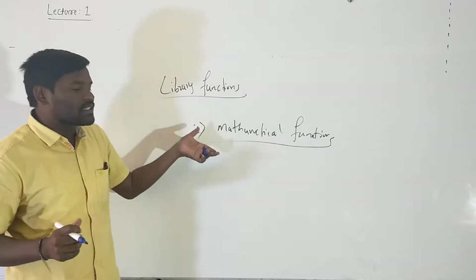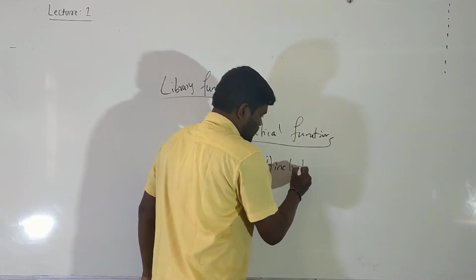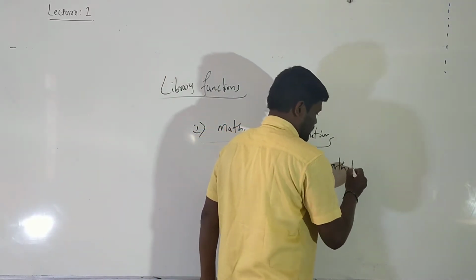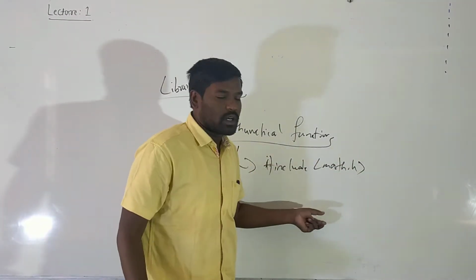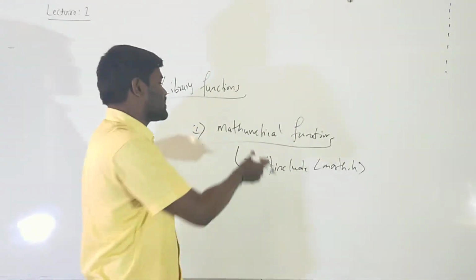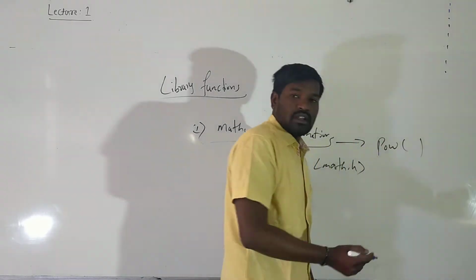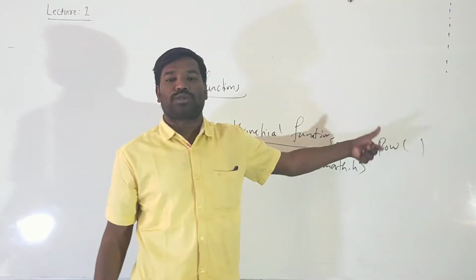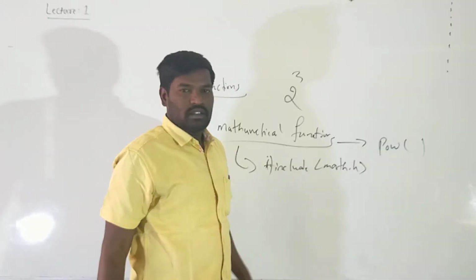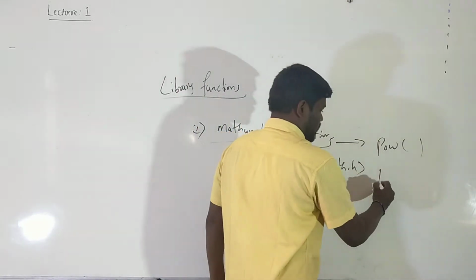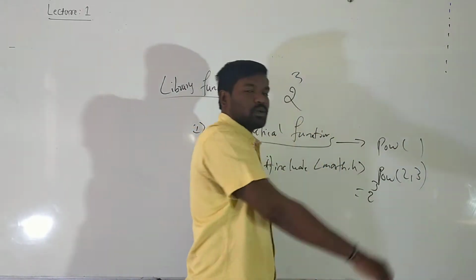If you want to use the mathematical functions, we must include math.h. If you write include math.h, you have all rights to access the mathematical functions. The functions are pow. Here the pow function is used to raise values to a power. For example, if you want to perform 2 to the power of 3, we can use pow(2, 3), which is exactly equal to 2 raised to 3.